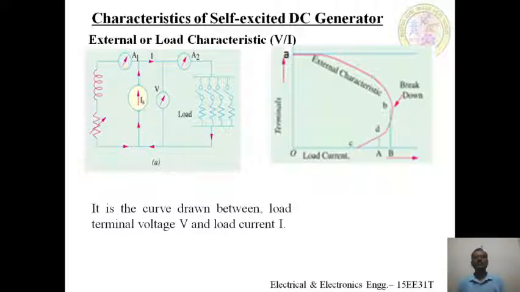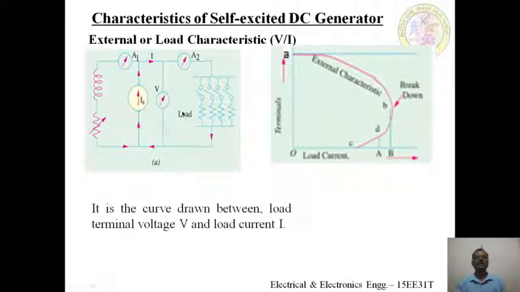Due to these two drops the voltage drops, and due to that decreased voltage even the field current also decreases. Due to that again a reduction in voltage takes place. The external characteristic curve can be drawn.